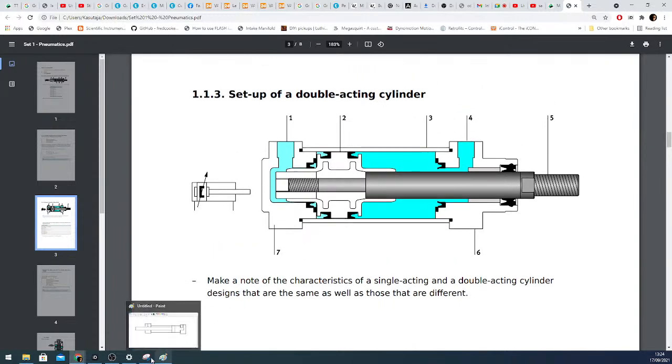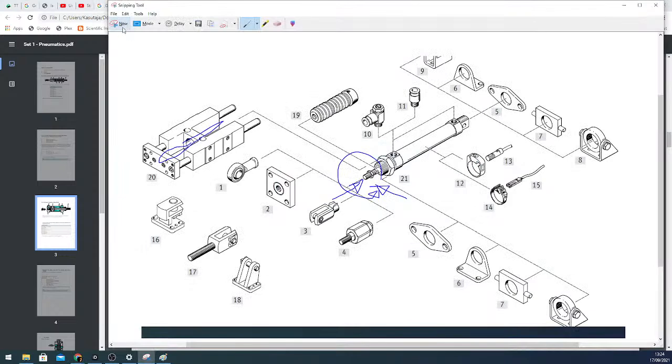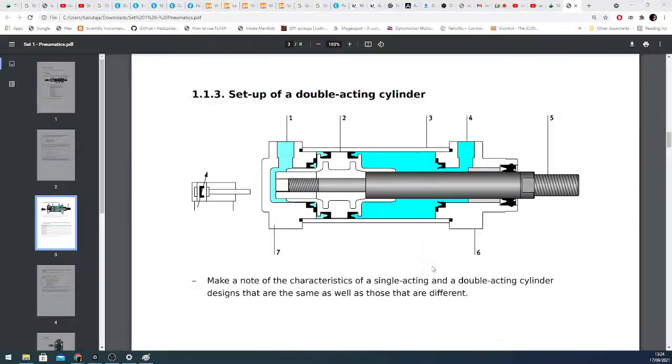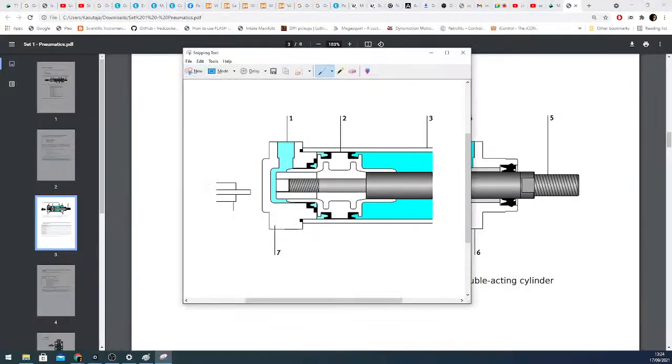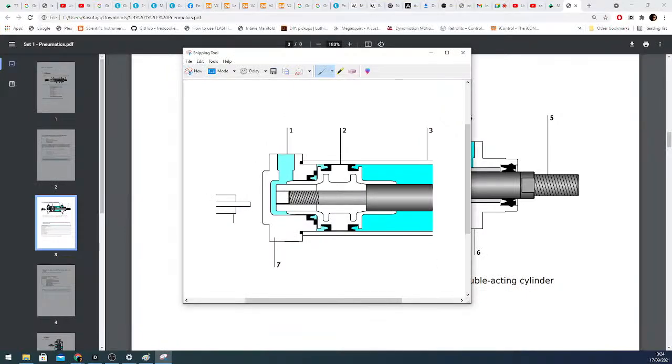But what makes the cylinder work? If we take the cross section of the cylinder, we are putting in compressed air from this side, for example. The compressed air is going to fill up all the empty parts of the cylinder here.